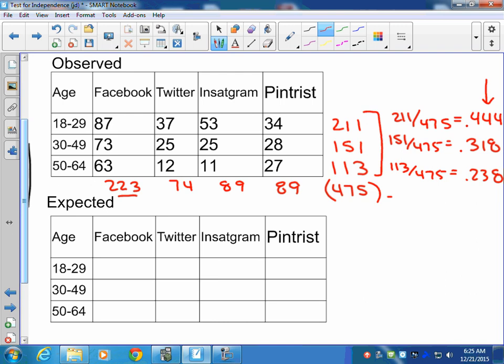So if we do our percentage times the 223, we get an expected value for Facebook of 99.1. And then we do the 0.318 times the 223 to get our expected value for 30 to 49-year-olds that chose Facebook. And then we work through and finish out the rest of the table.